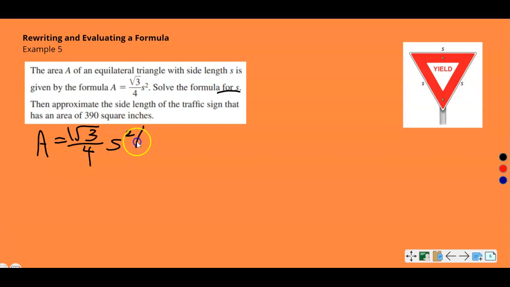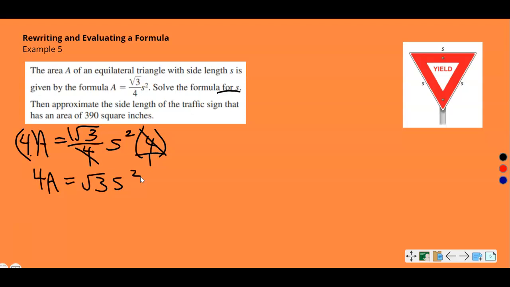If I multiply both sides by 4, that gets rid of this 4 here, because that's like 4 over 1. This is on the bottom and this is on the top, so it cancels out. The 1's cancel. It leaves 4A equals the square root of 3 times S squared.